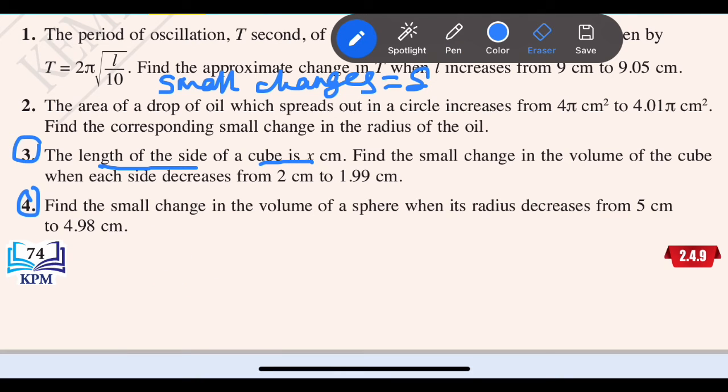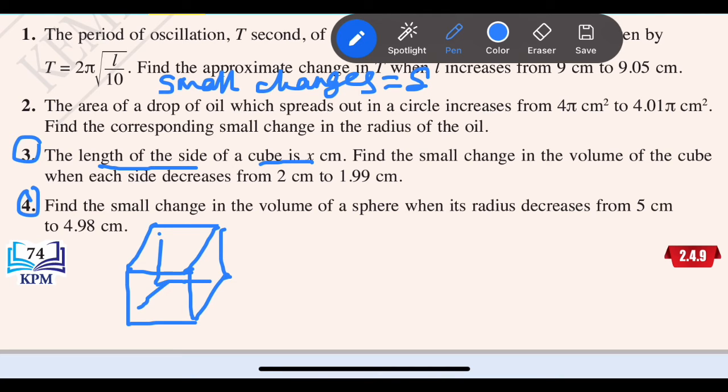Before you start, try to sketch out the cube, label all the sides with x, so that you are aware that this is the original cube that is going to change.